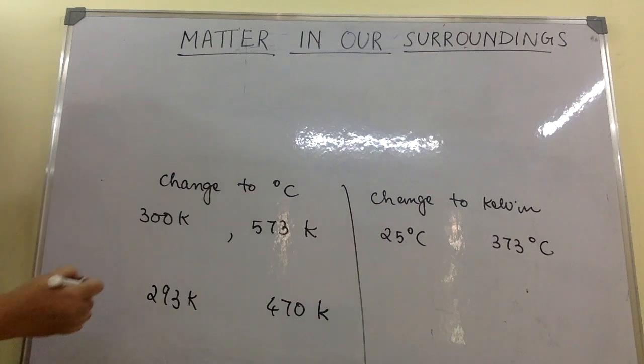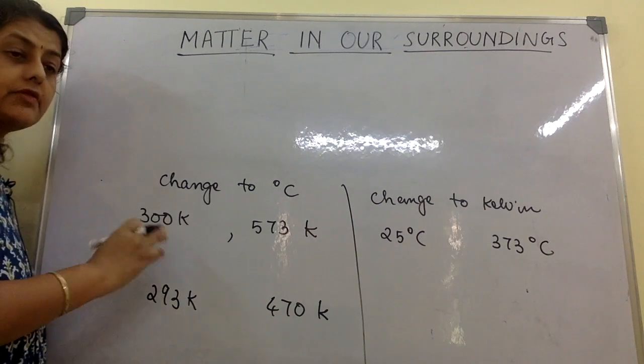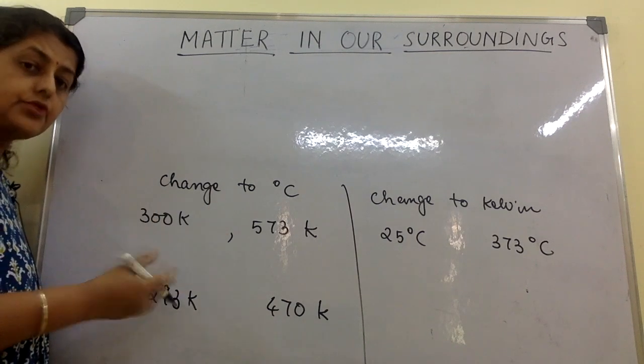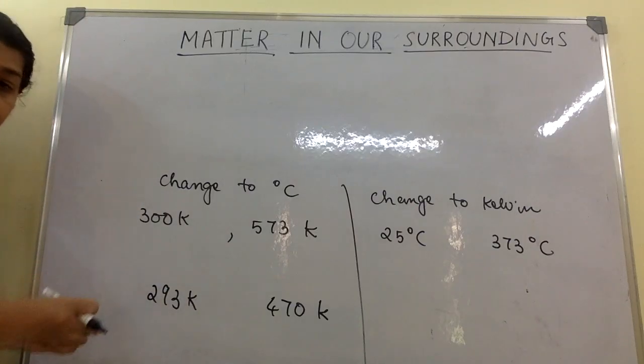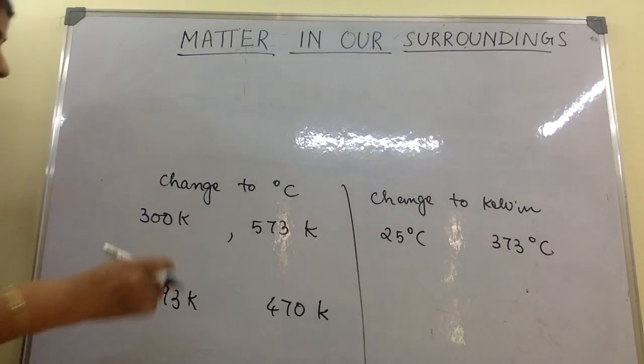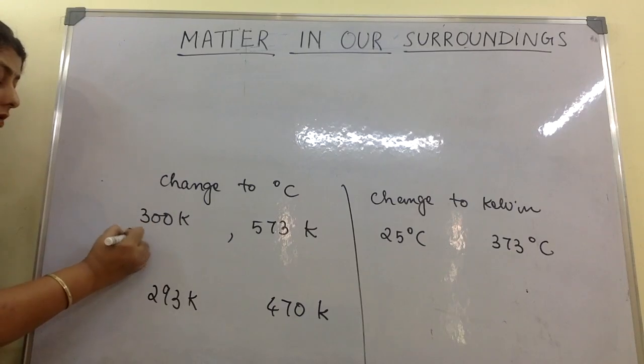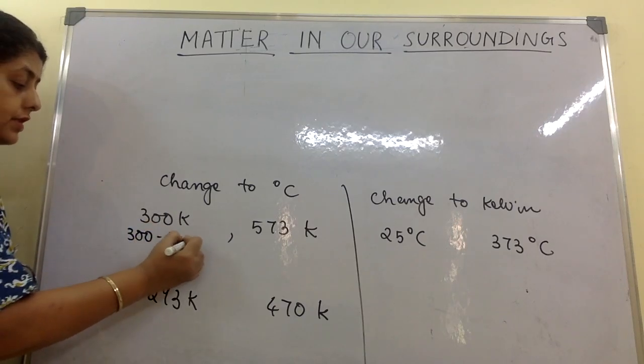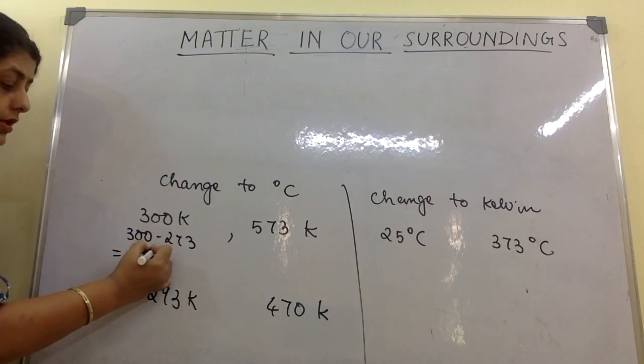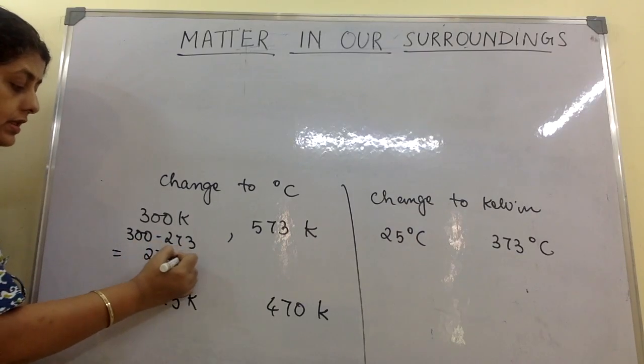Here 300 Kelvin, I have to change Kelvin to centigrade, so I'll have to subtract. Here it is 300 minus 273, which becomes 27 degrees centigrade.